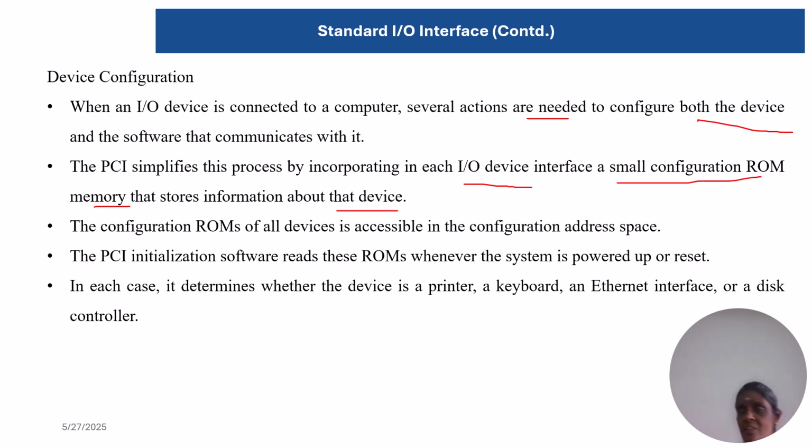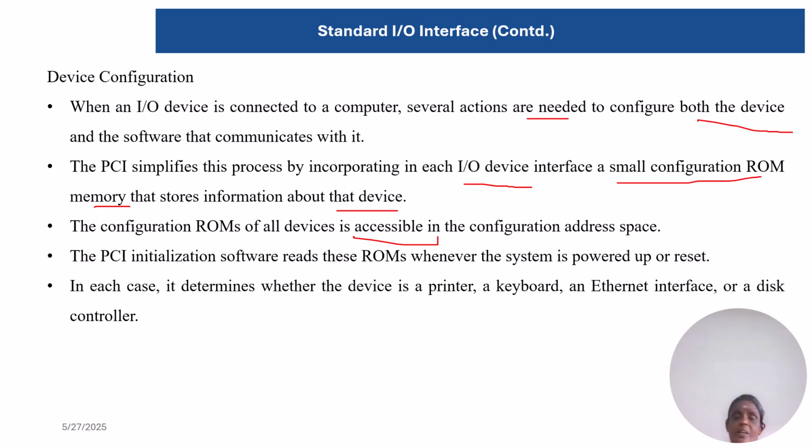What the statement conveys is that each and every IO device will have separate memory space, which is called ROM, read-only memory. Thus, the ROM contains the configuration of that particular IO device, and the configuration ROMs of all devices are accessible in the configuration address space. So these will be stored in the configuration address space.